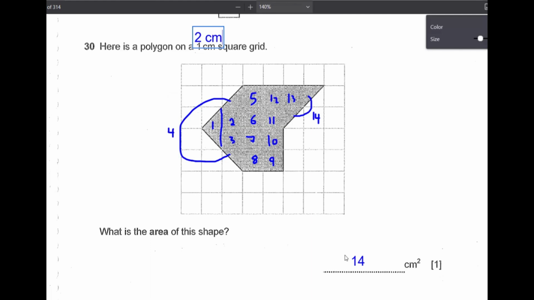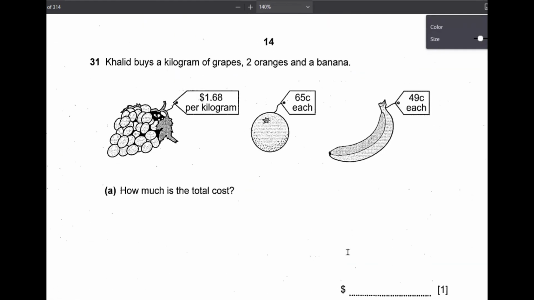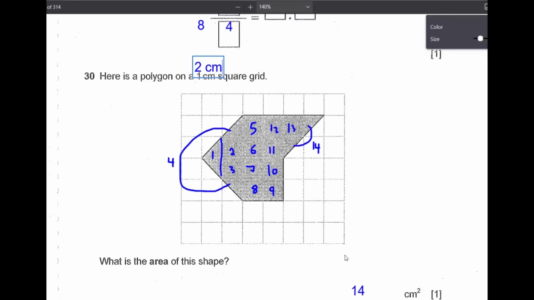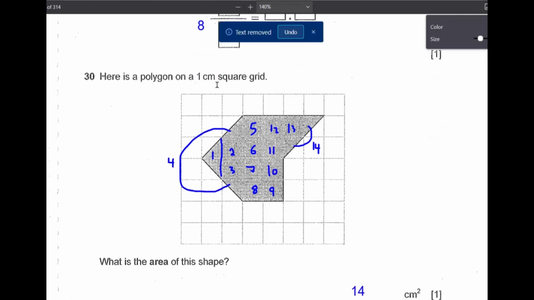But because here it's 1 centimeter, you count it as 1 centimeter square, and that's it. Times 2 or divide 2? If they ask a polygon on a 2 centimeter square grid, then after you add them all, you need to multiply by 2. So the answer will be 28. But here, because they say it is 1 centimeter, you don't need to multiply by 2. Okay?